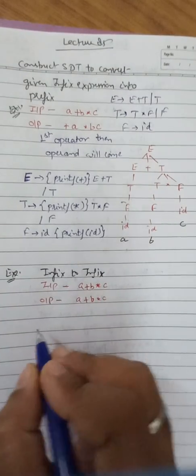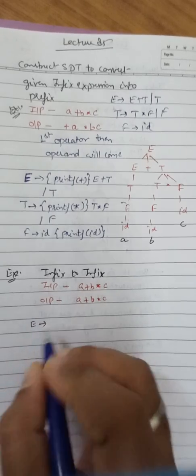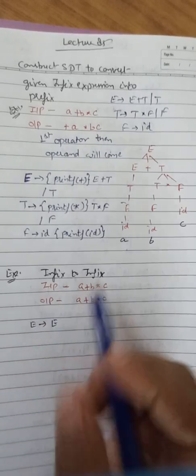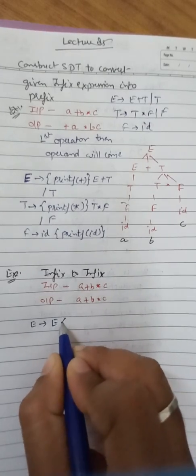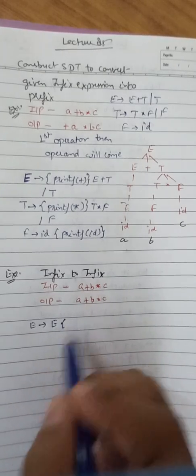We will write like this: E tends to E with the same grammar. The operator will come in between.